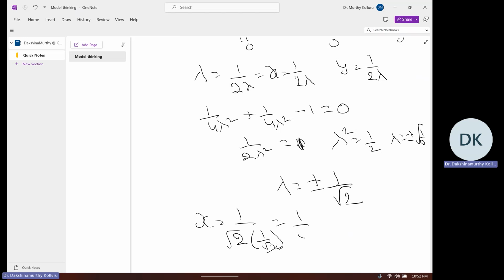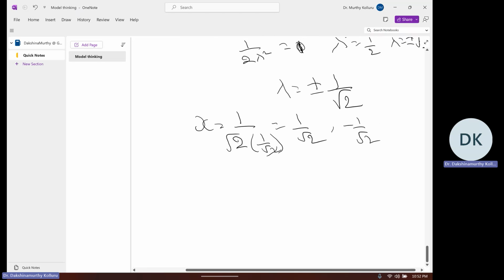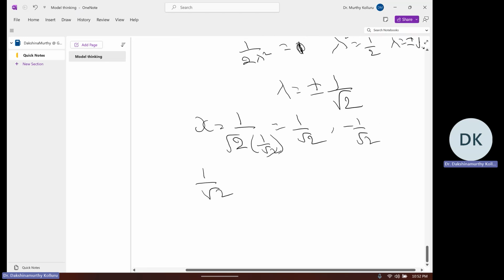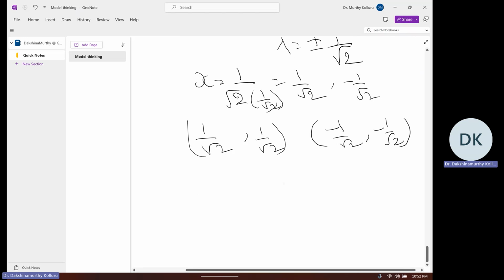So again, 1 by root 2, or minus 1 by root 2. Same with y. When lambda is equal to 1 by root 2, I'll get 1 by root 2, 1 by root 2. When lambda is equal to minus 1 by root 2, I'll get minus 1 by root 2, minus 1 by root 2. Lambda value is plus 1 by root 2 or minus 1 by root 2.